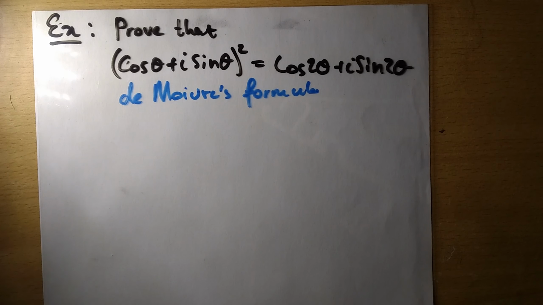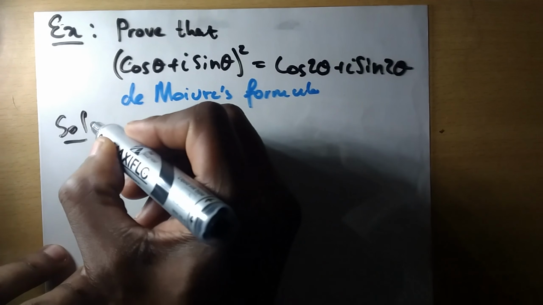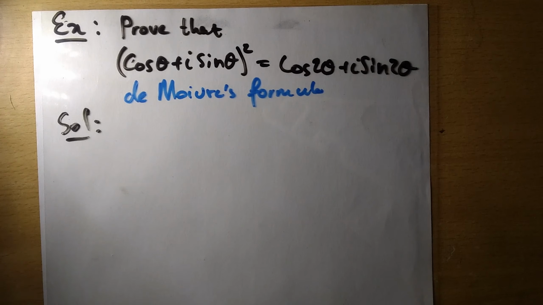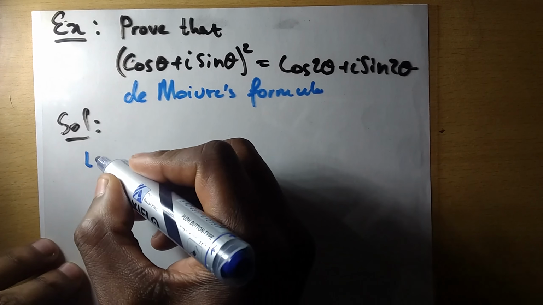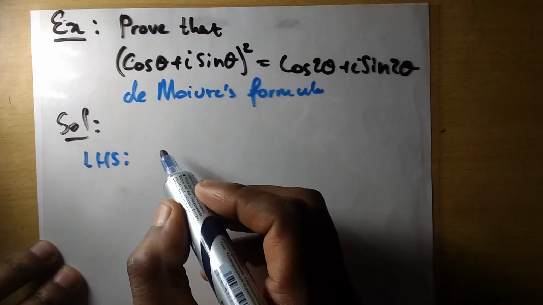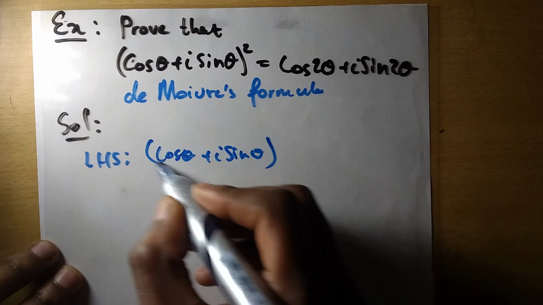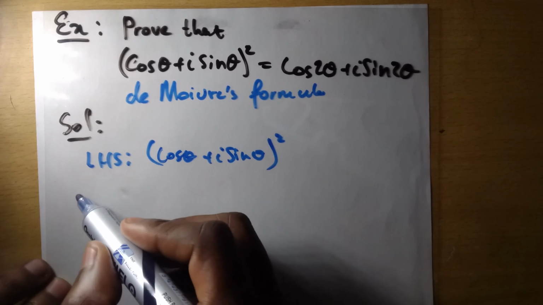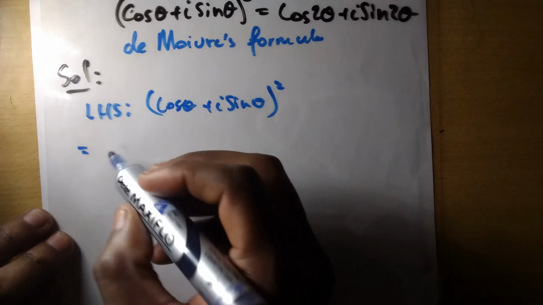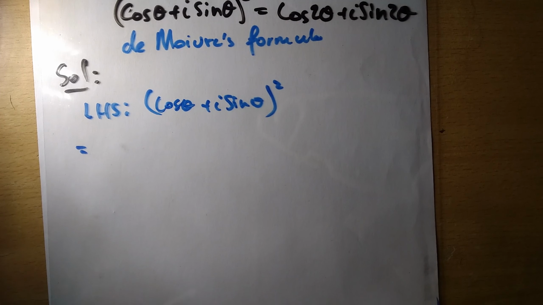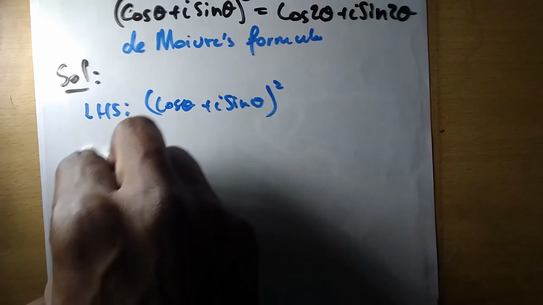We can either start with the left hand side or the right hand side. It really doesn't matter. Let us start with the left hand side. On the left hand side, we've got cos of theta plus I sine of theta, squared.